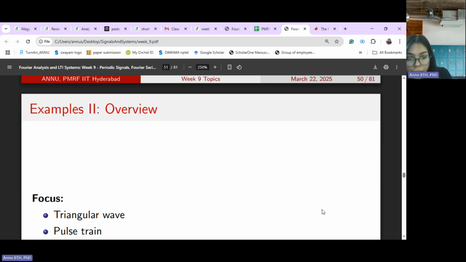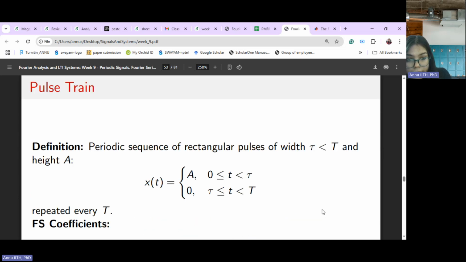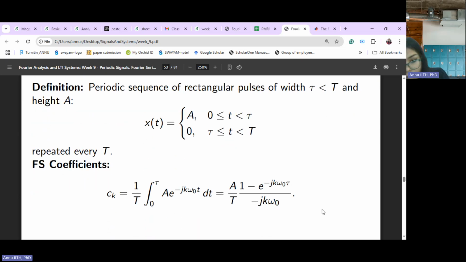So I think rectifiers and all are in touch, so I'm just leaving it. The pulse chain is very important. So if you have a periodic signal of rectangular pulses, then Fourier series coefficients have this known form. I want you to remember this.